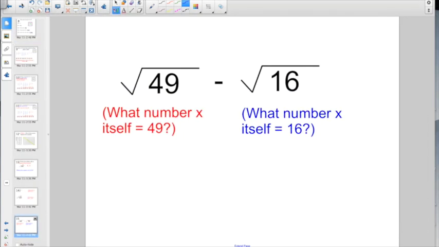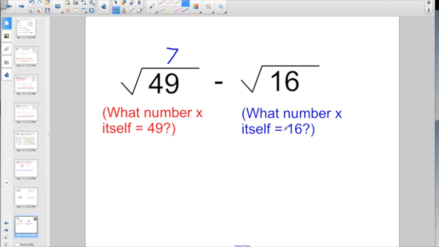Let's try this one. They're going to throw them into some equations for us. The square root of 49 minus the square root of 16. I always recommend getting the answers first. Square root of 49. What number times itself equals 49? Well, that would be 7. 7 times 7 equals 49. Square root of 16.